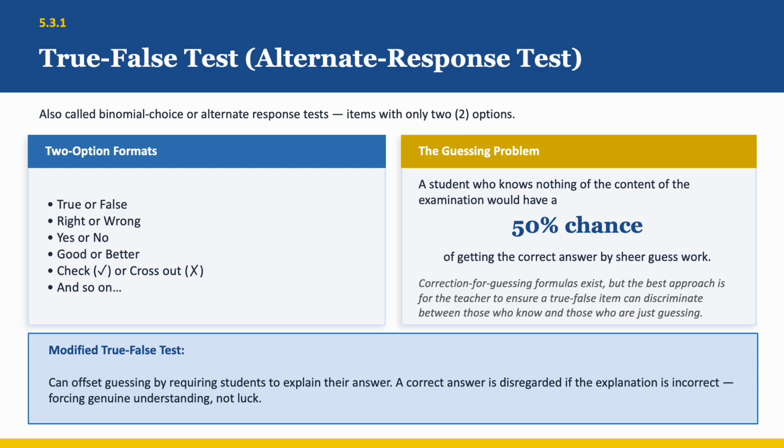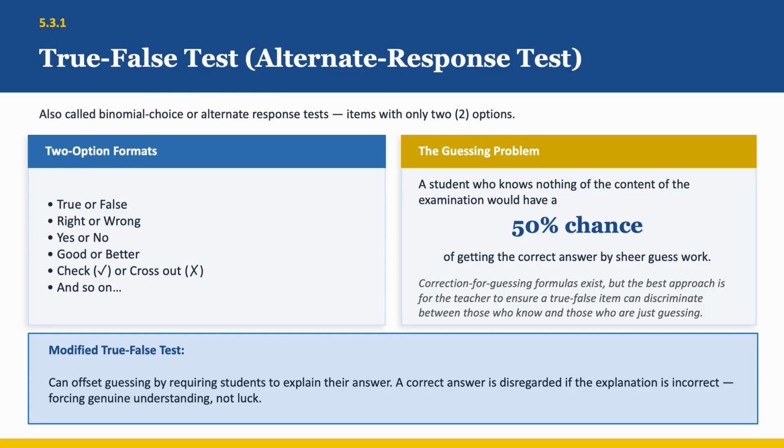Items where students choose between exactly two possible responses. Now, the formats aren't limited to just true or false. You can also use right or wrong, yes or no, good or bad, even a check mark versus a cross. The point is only two choices.